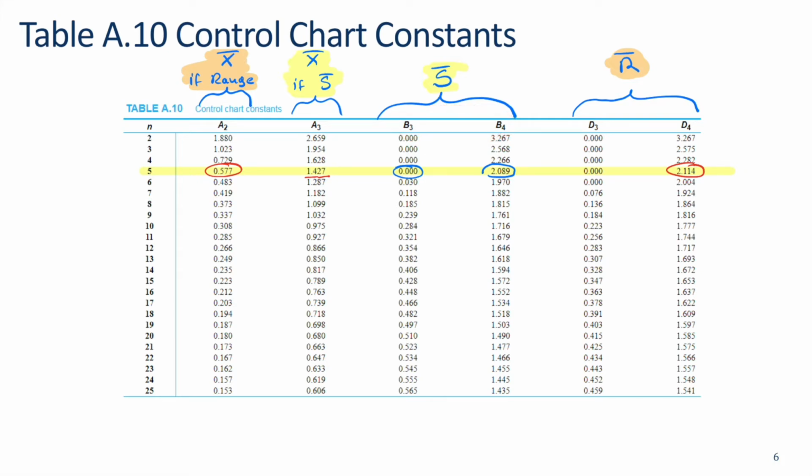Depending on whether we are testing variability with the S chart or the R chart, the second step is to build the X bar chart. If we use initially the R chart, then we should use the A2 constant. But if we are testing variability with the S chart, then the mean should be tested with the A3 constant.